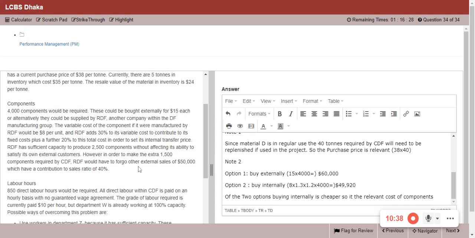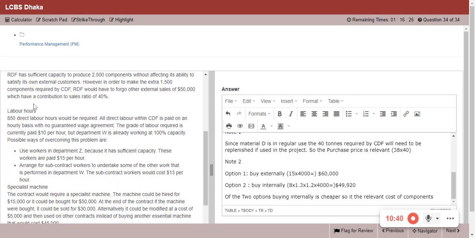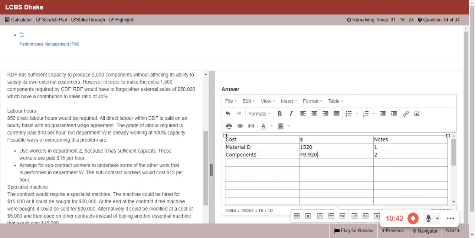Next up, labor hours. So let's put in labor hours here. 850 direct labor hours would be required. All direct labor within CDF is paid on an hourly basis with no guaranteed wage agreement.